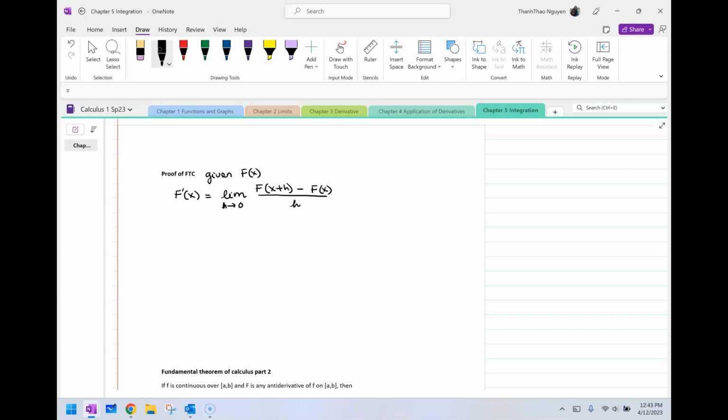This is equal to the limit as h approaches 0, factoring out 1 over h, of the integral from a to x plus h of f(t) dt minus the integral from a to x of f(t) dt.